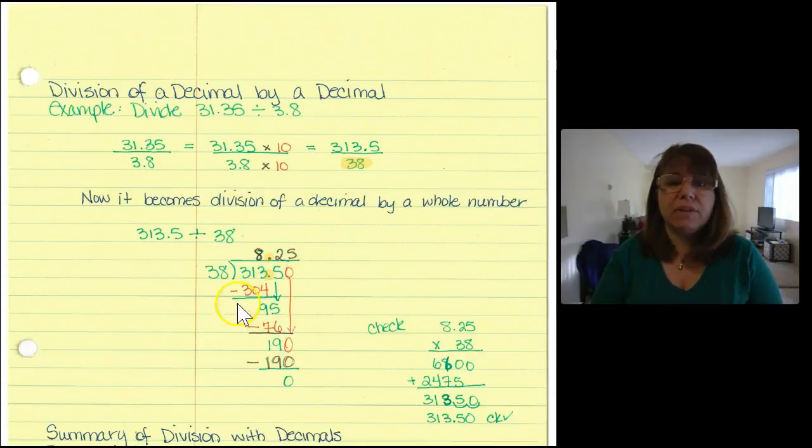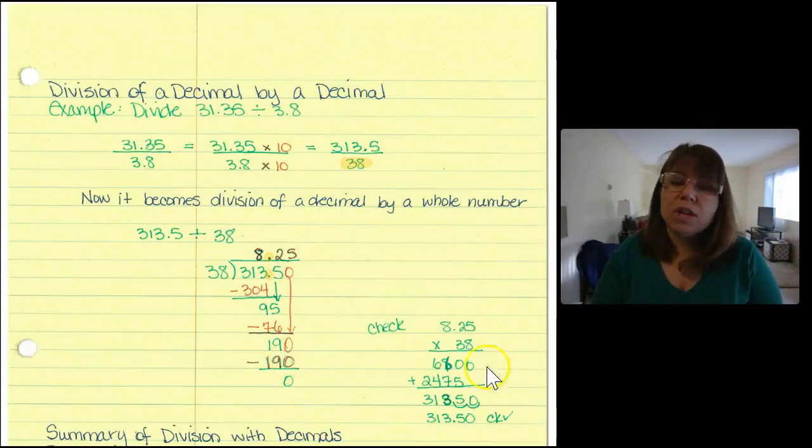Bring down the 5. 38 into 95 goes twice. 2 times 38 is 76. 95 minus 76 is 19. Now we don't stop there because we have a 19, so we're going to put in our 0, bring it down. 38 goes into 190 5 times. 5 times 38 is 190, so 190 minus 190 is 0, and we can stop.